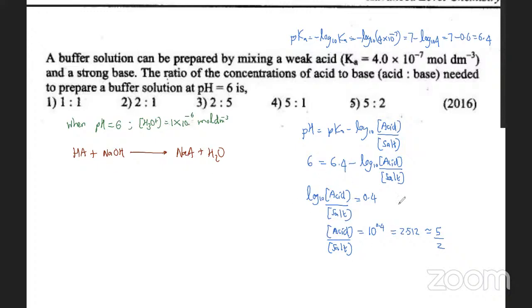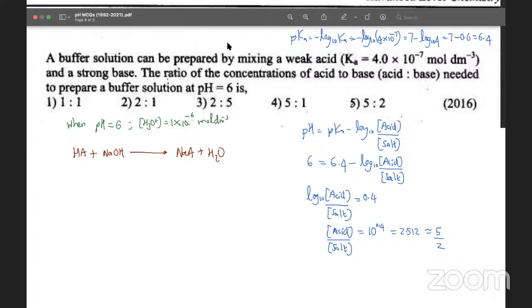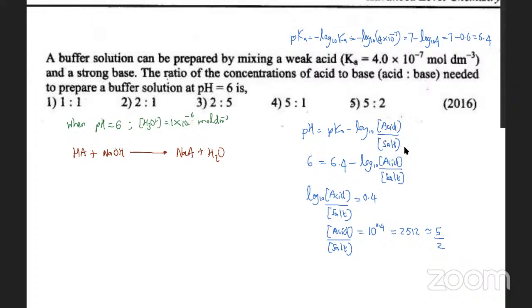If you do it this way, we are getting 5/2. Can someone check the scheme and tell me if they have got 5/2 or some other answer? They just directly applied Henderson's equation.